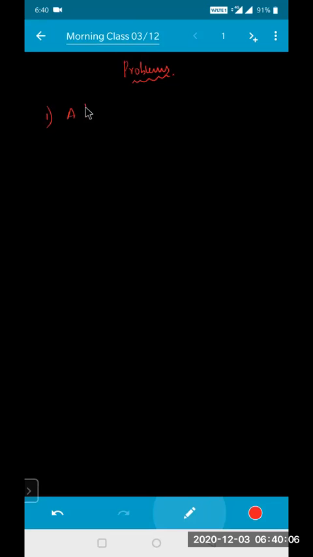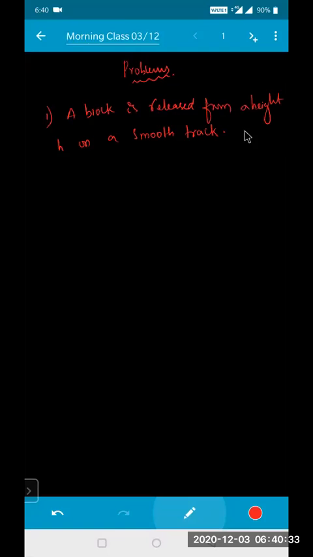A block is released from a height h on a smooth track.